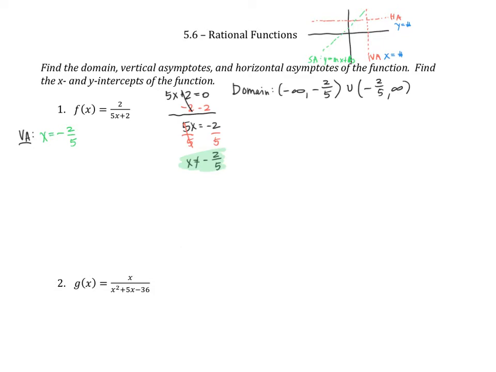On your graph, let's say our vertical asymptote is x equals negative 2/5, which would be somewhere right over here. This green line, the graph cannot cross the green line. Let's do the graph in red. The graph might look something like this.